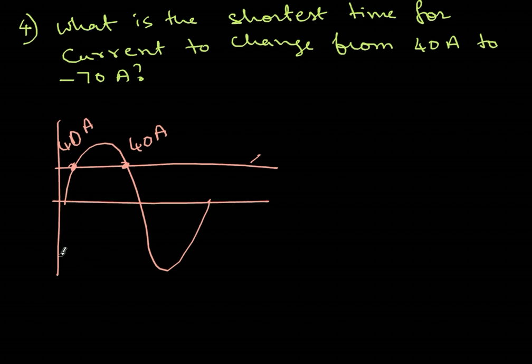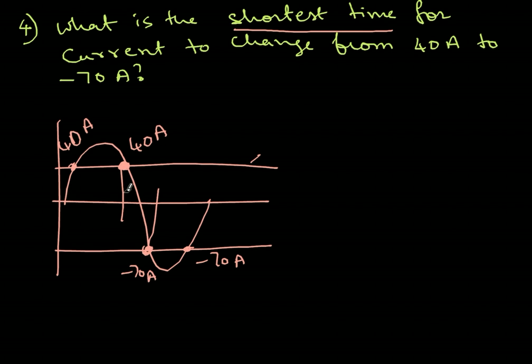And minus 70 amperes is somewhere here, and here. If I want to know the shortest time, I take the second 40 amperes here and the first minus 70 amperes here, and this time difference I want to find out.